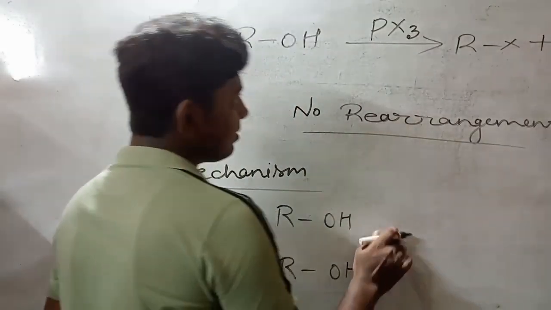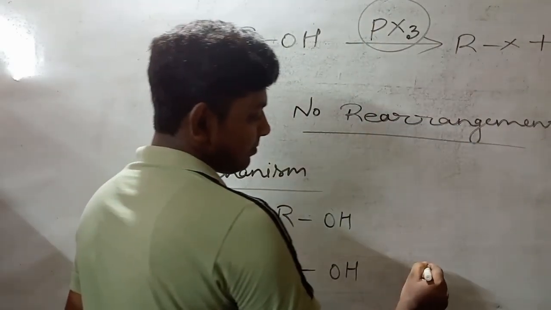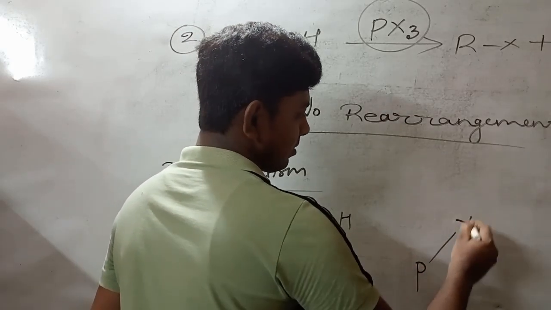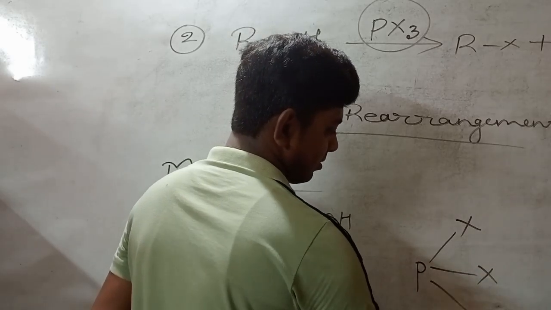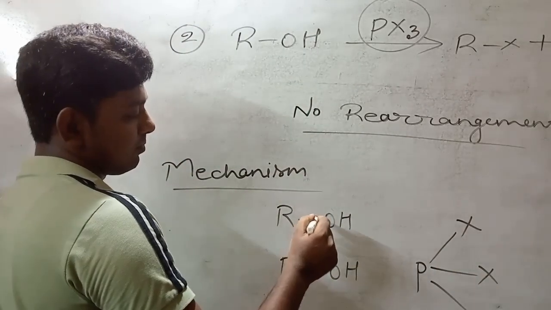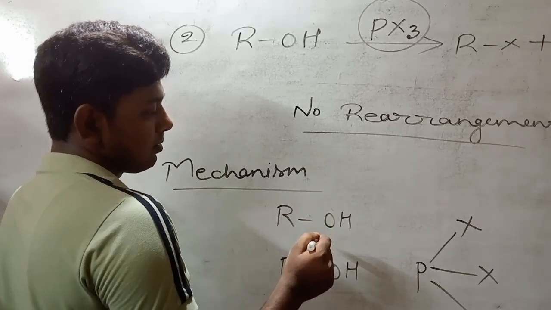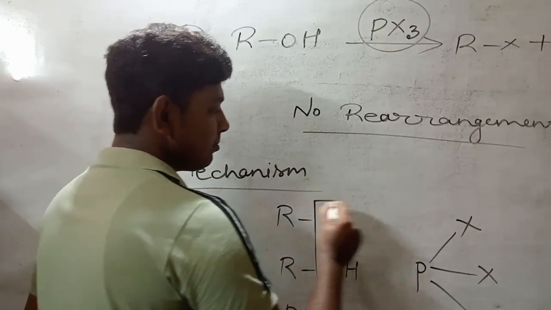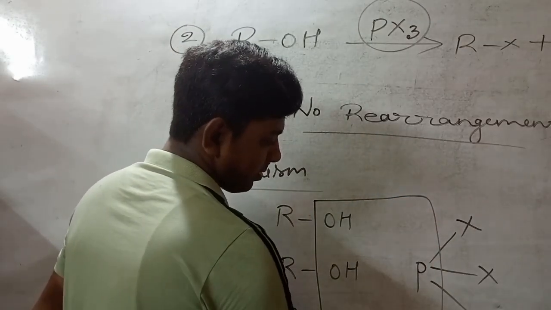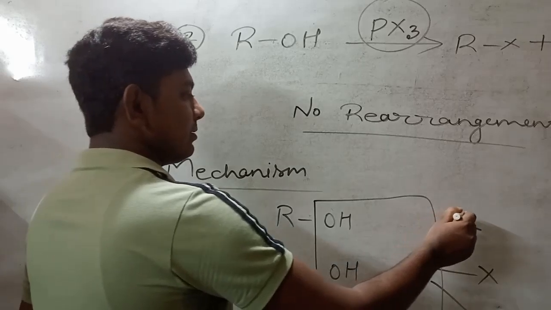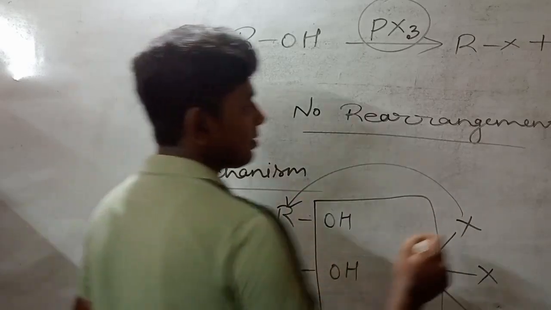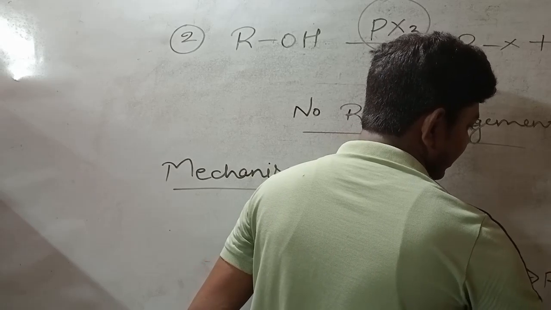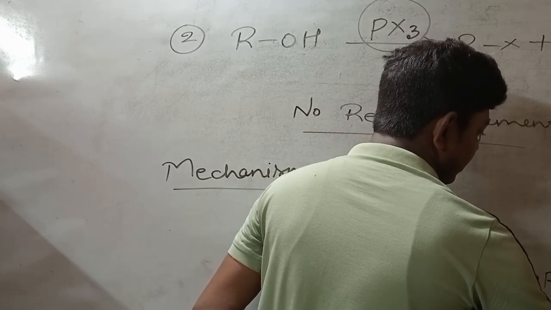Then after PX3, this is the byproduct. This is the main product. So RX is formed and H3PO3 is formed.